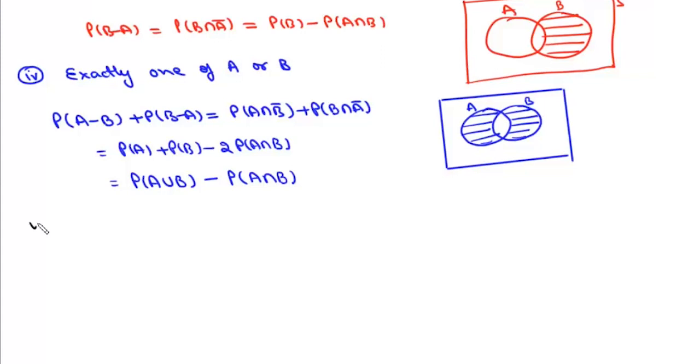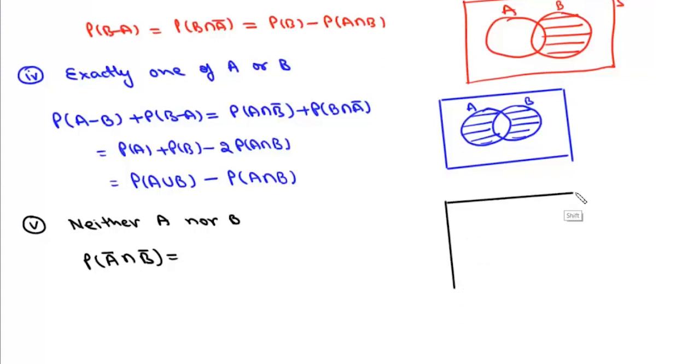Now this fifth one is neither A nor B. That means none of A or B must occur. Now we write this probability as probability of A naught intersection B naught. That is region which is common to both A naught and B naught. Now we can represent this region by this Venn diagram.